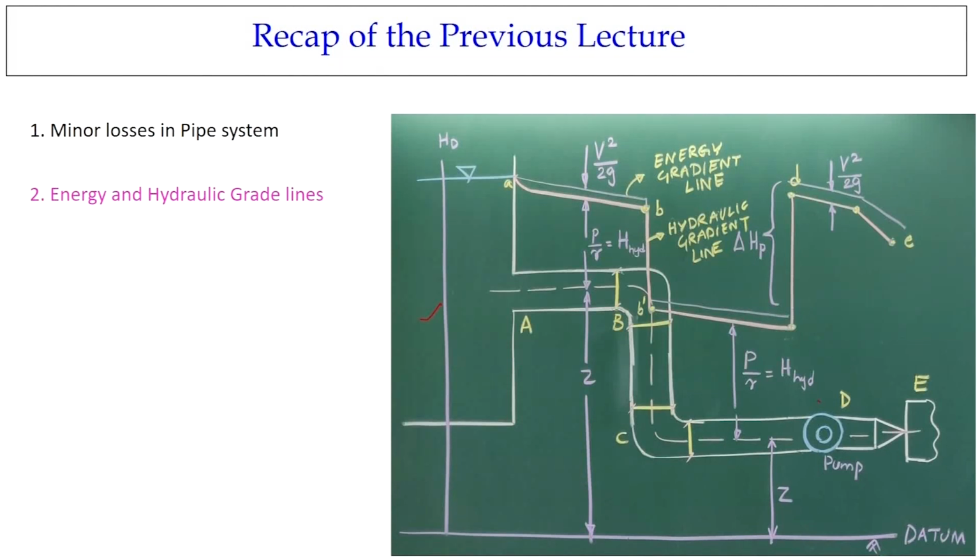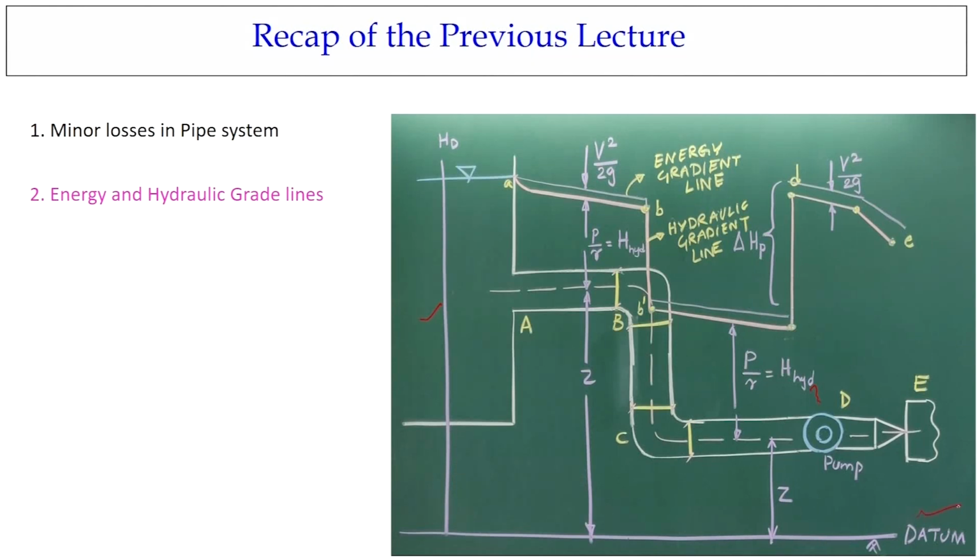Those two lines will indicate where the energy loss is happening and where the energy gain is happening. For example, if you talk about the pump, because of the pump we get extra energy to the fluid flowing through the pipe systems.